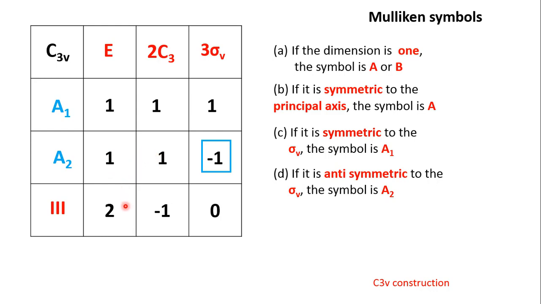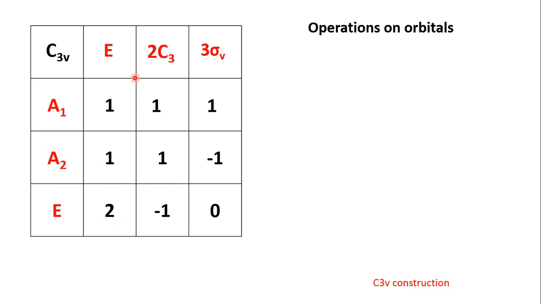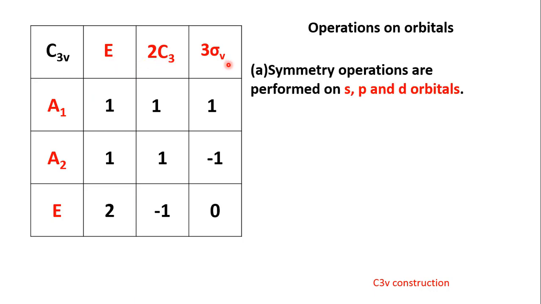Next we come to the case when the dimension is 2. In the third row, the dimension is 2, and if the dimension is 2, the Mulliken symbol is E. So you get the Mulliken symbols as A1, A2 and E. Now we have to perform these operations E, 2C3 and 3 sigma v on the various orbitals, s orbital, p orbital and d orbitals, and find out the way the symmetry changes.